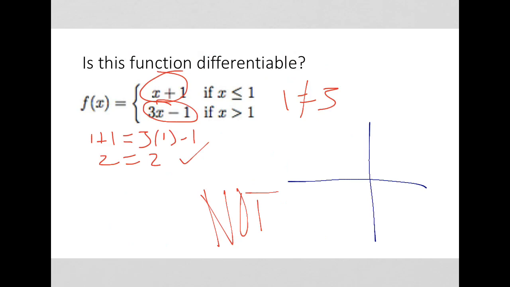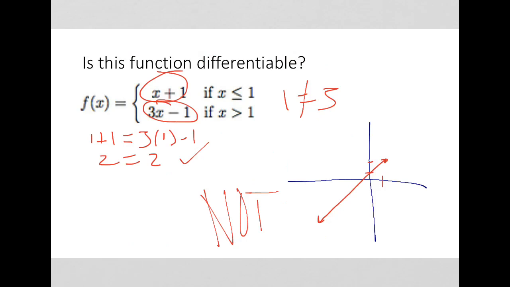So let's compare the two graphs of these last two problems. Here we had one branch, so x value of 1. We had the function x plus 1 when x was less than or equal to negative 1. So x plus 1, we are going to be looking at that function right there. Compare that to the other side, 3x minus 1. 3x minus 1 has a much steeper slope here.